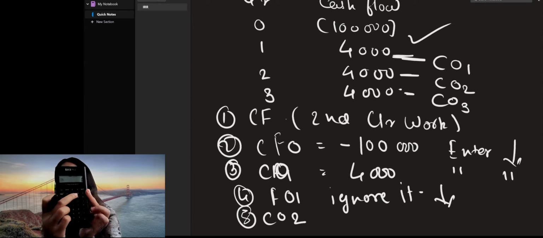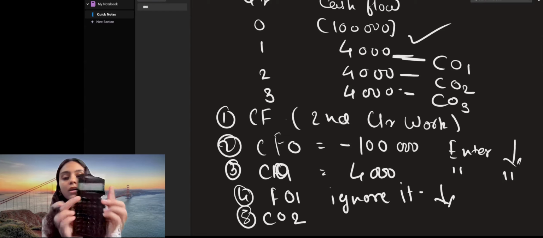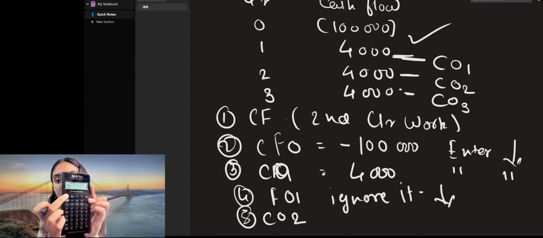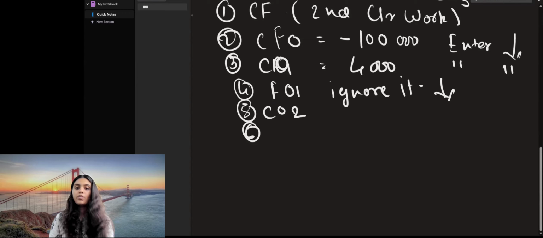So here is the button IRR. Okay, IRR, click it. Once you've clicked IRR, you will click compute, CPT, and you get the answer. That is minus 60.39. Our sixth step was C03.